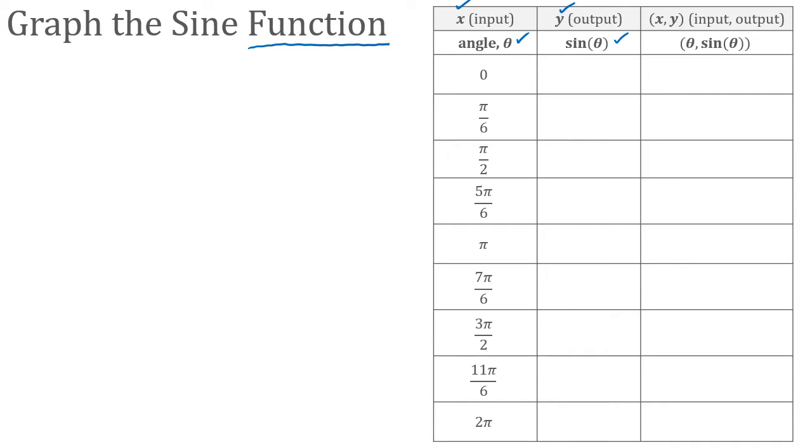By having an input and an output, that will give me an ordered pair, which is usually in the form x comma y, but for us it will be theta comma sine of theta.